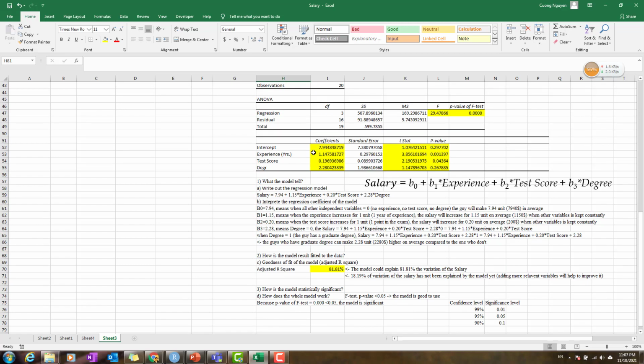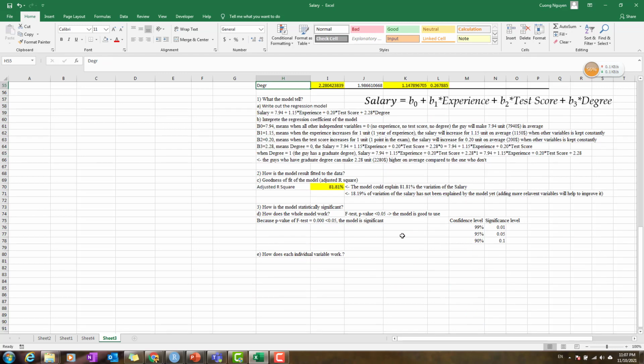Now let's check it. First of all, let's check the p-values. Actually, we don't really have to care about the coefficient of the intercept, but we need to test experience, test score, and the decrease. To do that, we have to check the t-test. If the p-value of the t-test for each individual variable is smaller than 0.05, that means the variable is good.